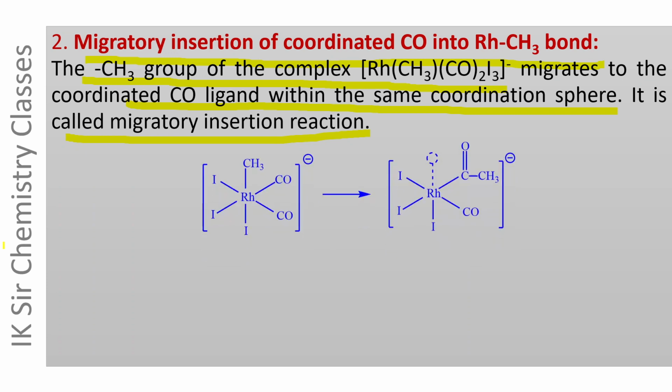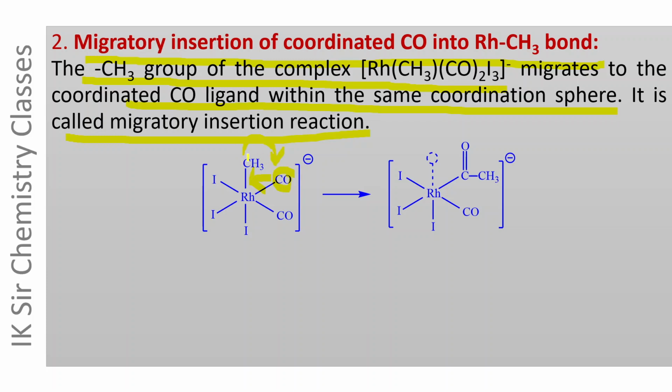Let us see. This product was formed in the first step, and one of the coordinated CO undergoes insertion reaction into Rh-CH3 bond. But in actual practice, the methyl group migrates to the coordinated carbonyl group present adjacent to it.